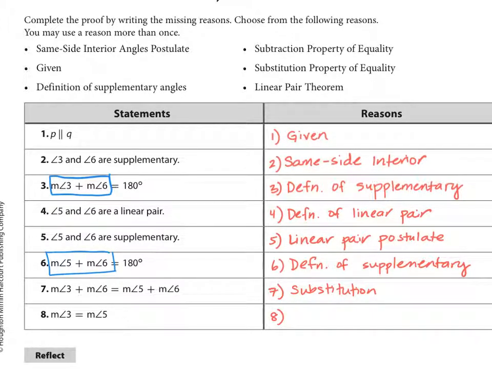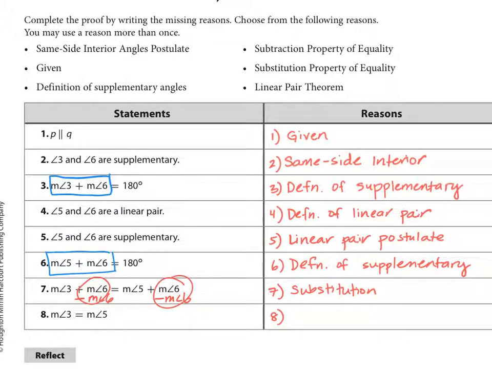And then to make statement 8, measure of angle 3 is equal to the measure of angle 5. Think about how we got here. Why can I say that these two are equal from this statement? Or sometimes you might have to look at other ones, but it's from this statement. Well, if we subtract measure of angle 6, since the measure of angle 6 is on both sides, that would be gone.